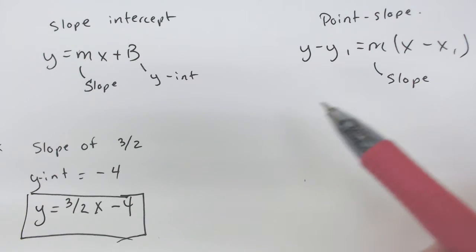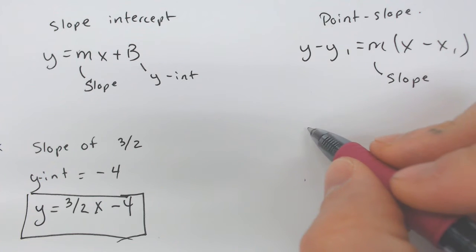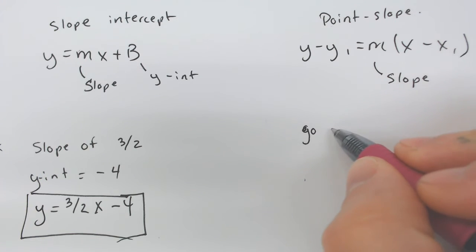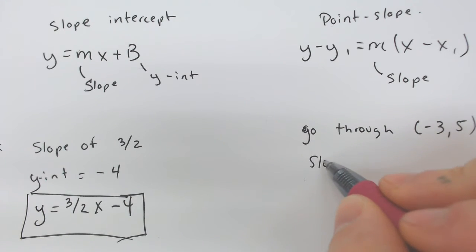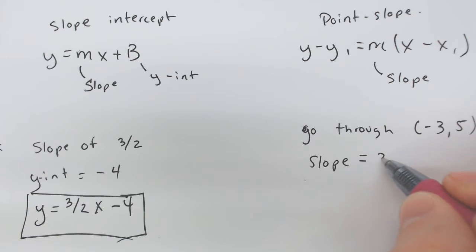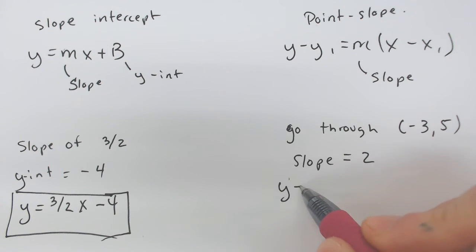Now, if you're given a point and a slope, let's say that the line you want to write has to go through -3, 5, and you have a slope that is equal to 2, then you would need to use the point slope formula. So we're going to fill in our y minus y1.